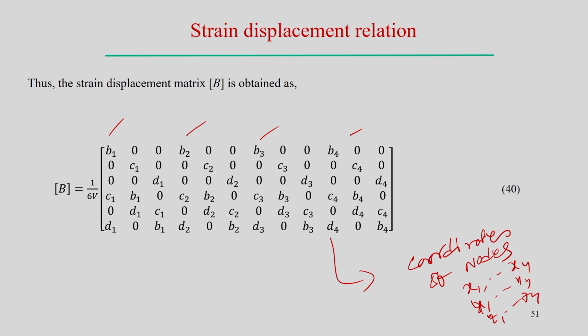So, finally, this is the kind of strain displacement matrix. For a linear variation of the displacement within the element, the B matrix is basically constant, that means it is in the form of only the coordinates of the node points.